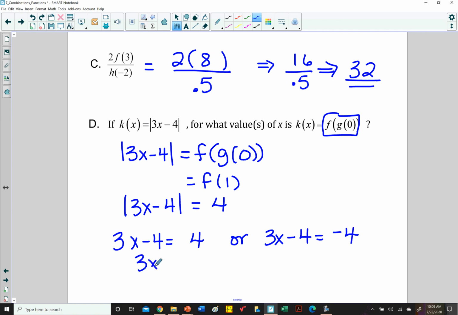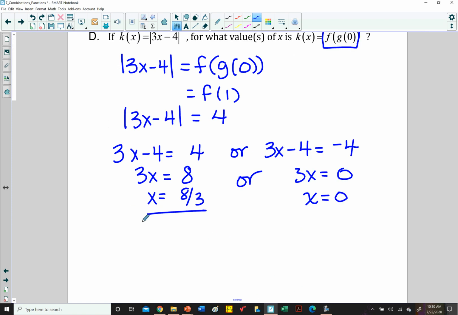So in this case, the x value would be 8/3, or in the second case, the x value would be 0. So there would be two instances when the absolute value would be equal to the f of g of 0. Either 8/3 would satisfy that equation, or 0 would.